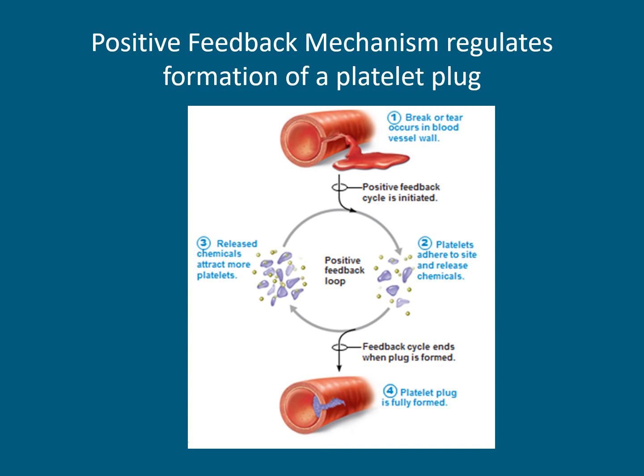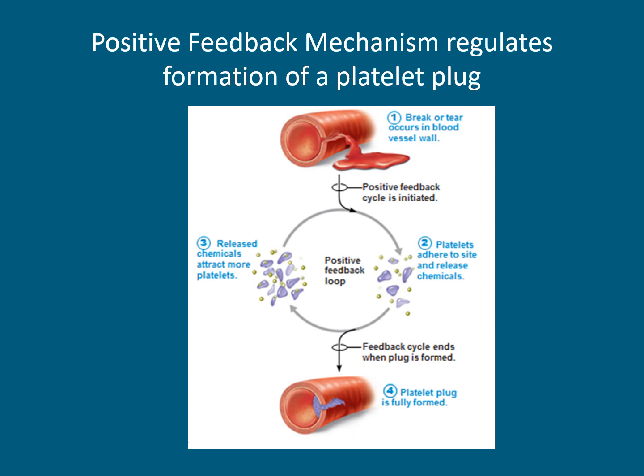They will release chemicals which then attract even more platelets to come. So instead of having the reverse, it's going to stimulate even more platelets to come, stick to the site. And basically what it's doing, it's forming a plug to plug up that tear or that hole of the blood vessel. And that will continue until the plug is fully formed and the bleeding has stopped.